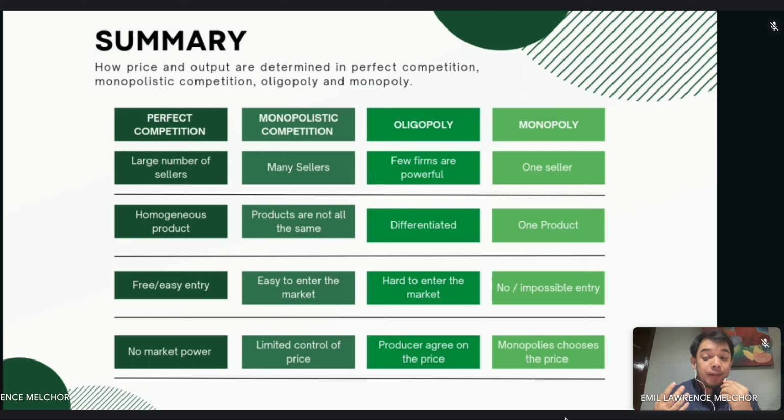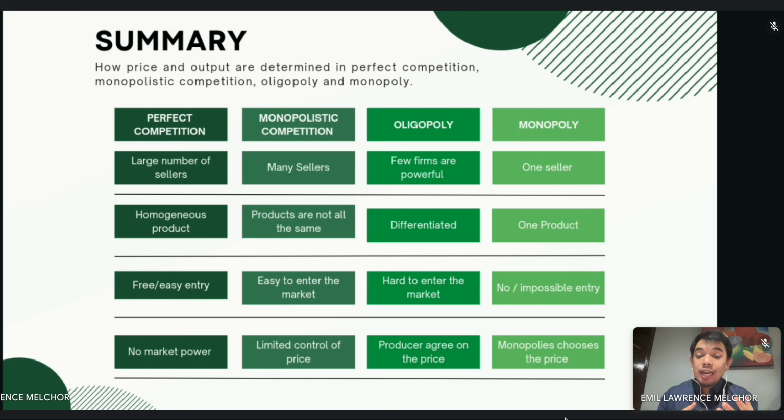For monopolistic competition, there can be many sellers. There are products that are not all the same, easy to enter the market, and limited control of price. So why limited? Because this is still a competition. Even though there are only a few sellers, there's still a competitive advantage. You cannot set the price. For oligopoly, few firms are powerful, it's differentiated, hard to enter the market, and producers agree on the price.